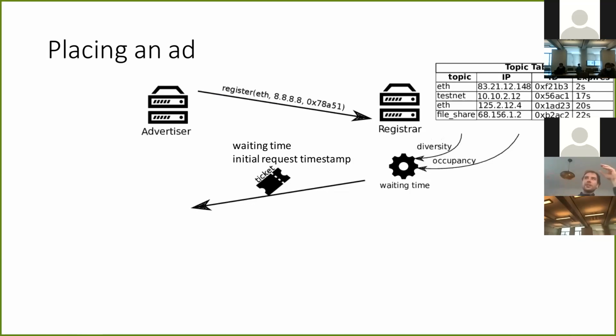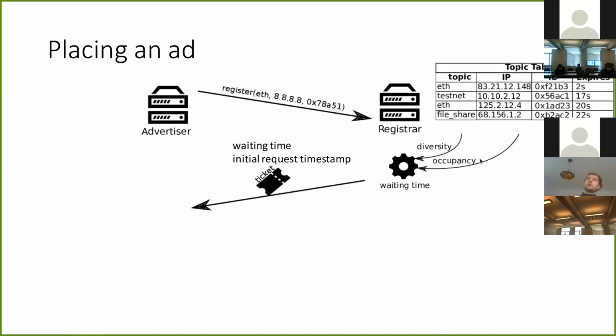If this registration, in terms of topic, IP, and ID, is very different from what I have in my table, this is good for me, so I will probably return a lower waiting time. On the other hand, if I already have plenty of advertisements from the same IP and ID, I'll increase this waiting time. But we don't put any hard limits on the IP, the ID, or the topic.